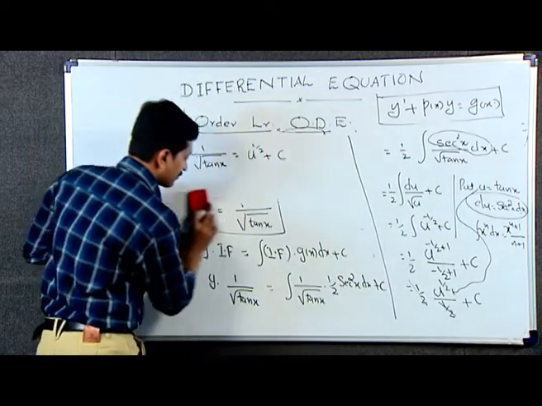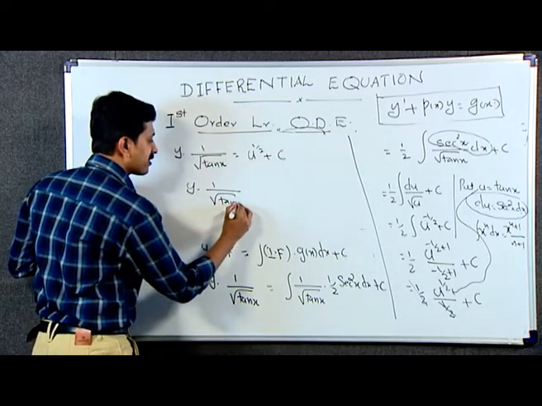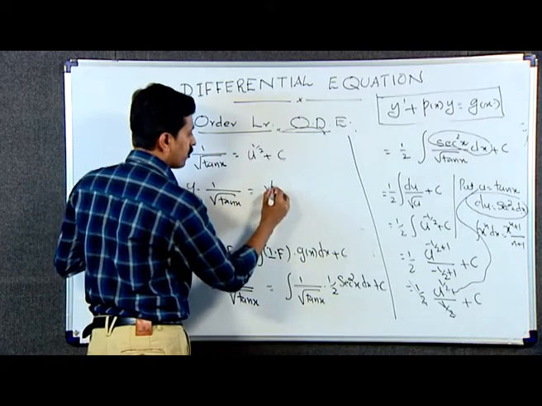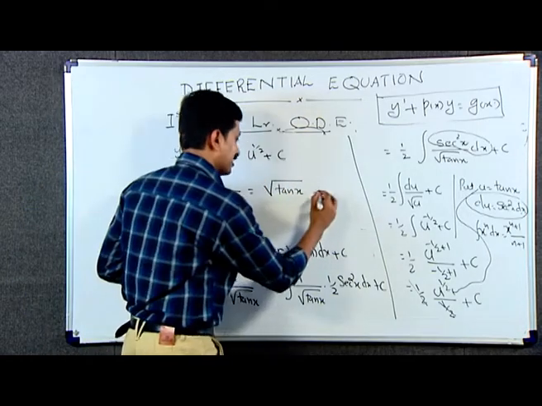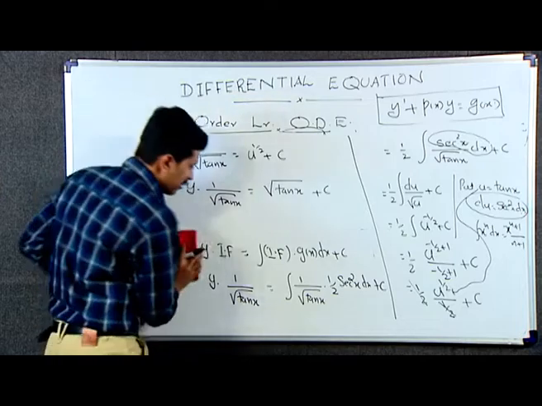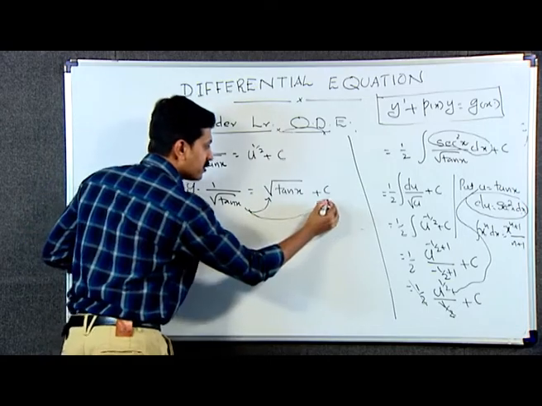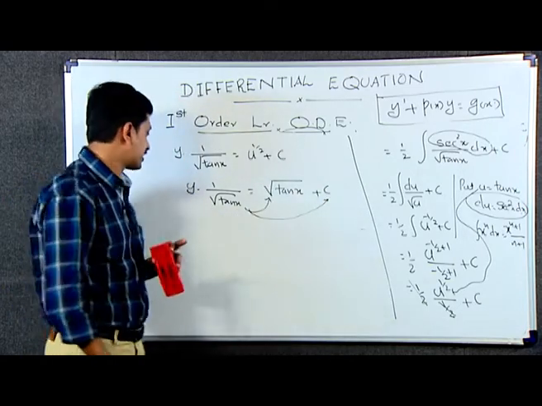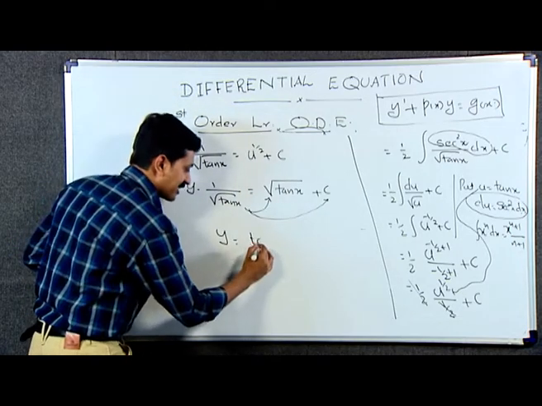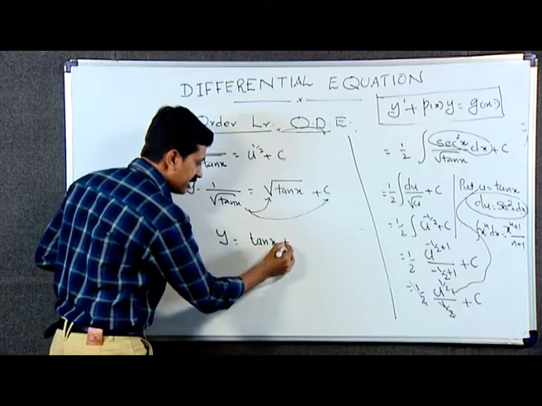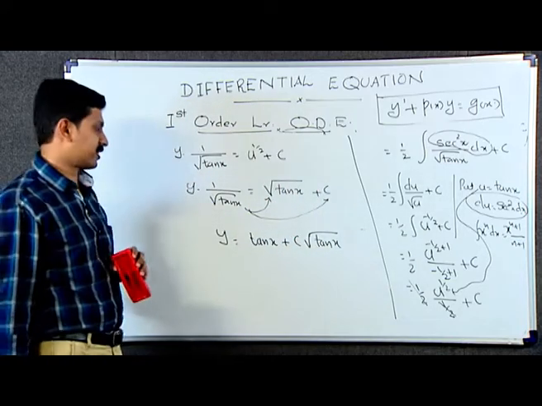Therefore, y into 1 by root tan x is equal to root of tan x plus c. We can rewrite one more time, multiplying both sides by root tan x. Therefore, y is equal to root of tan x into root of tan x, which is tan x, plus c into square root of tan x.